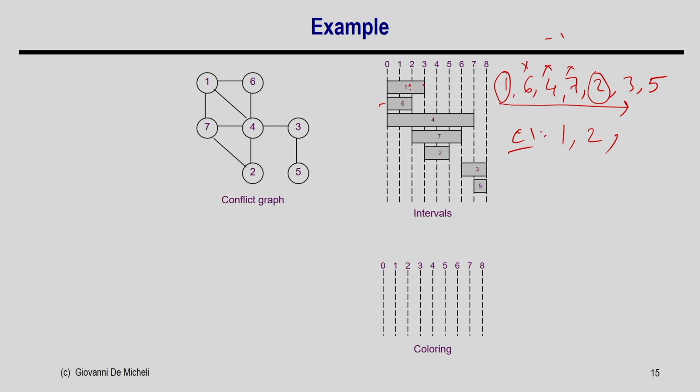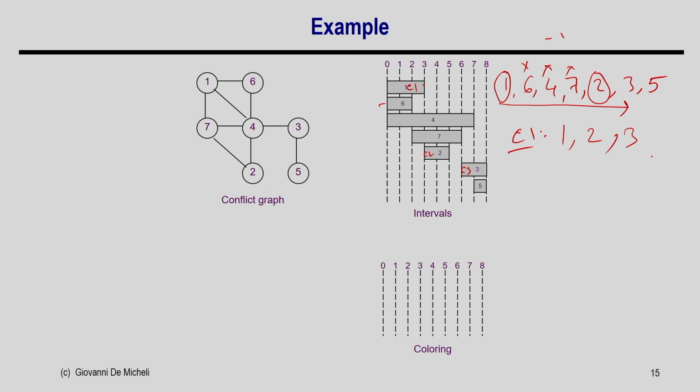Once I select 3, I cannot select 5. So, these 3 nodes can be given color 1 and they are non-overlapping intervals. That means they can be mapped to the same APU. This is how in every iteration it scans the list and identifies the intervals that can be given the same color.